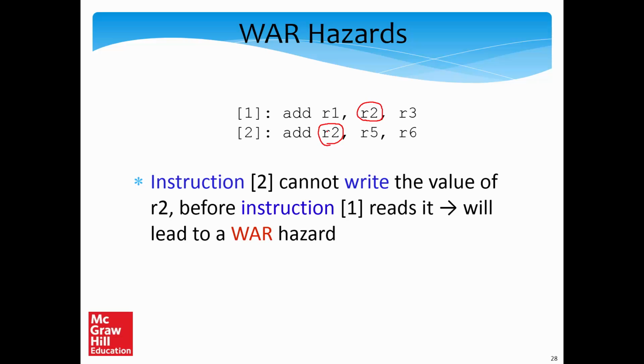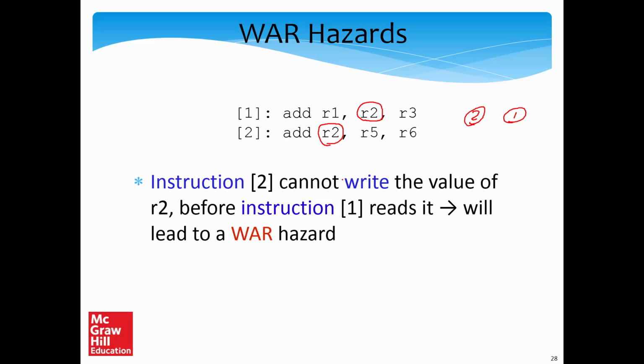In our case, we will never have incorrect execution because we do not allow instructions to overtake each other. So instruction 1 will always be ahead of instruction 2. That is the reason instruction 1 will always read the correct value of R2 and instruction 2 will then write to R2 at the end.